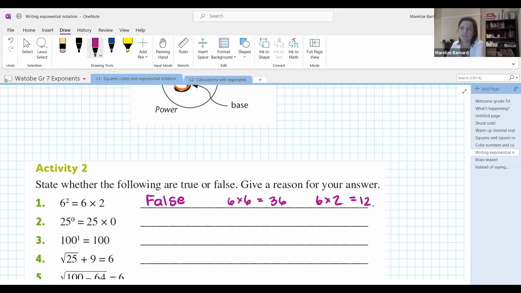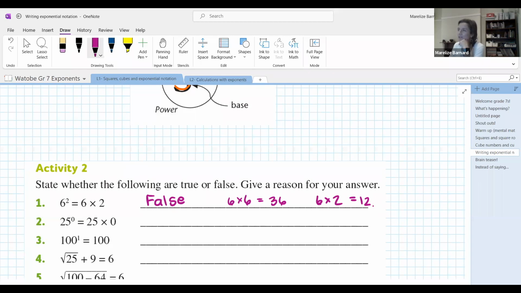Is 25 to the power of 0 the same as 25 times 0? We're doing question 2. 25 to the power of 0, is that the same as 25 times by 0? True or false? So if you guys are saying true, you're telling me that raising something to a power is the same as multiplying it.